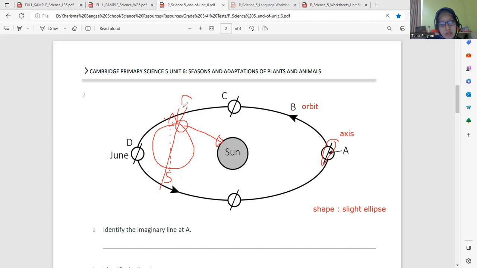If the Earth is spinning or rotating based on this axis, so this part will be exposed to the sunlight most of the time. So most probably northern hemisphere will have summer.